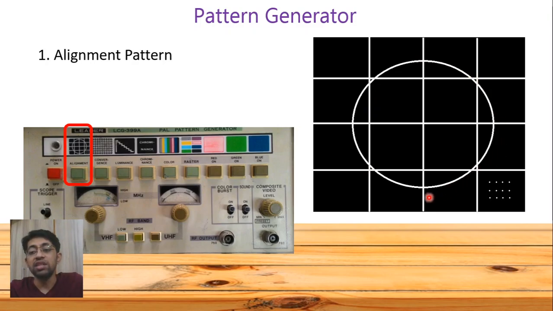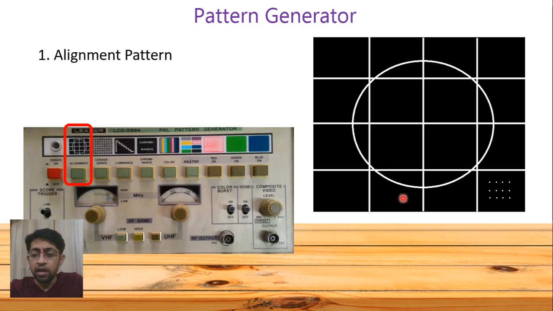If the circle appears exactly in the center, there is no need for adjustment. But if the circle appears towards the left, right, top or bottom, then one has to set the corresponding circuit.